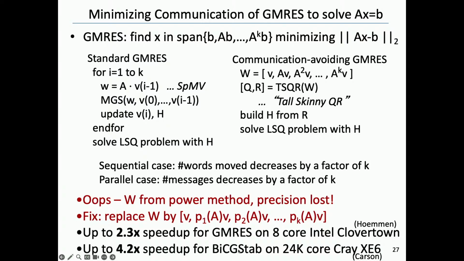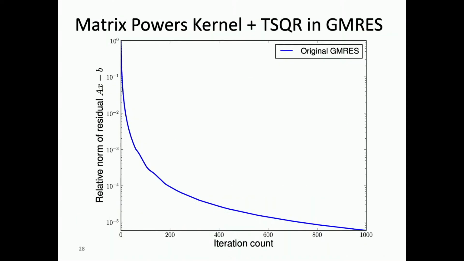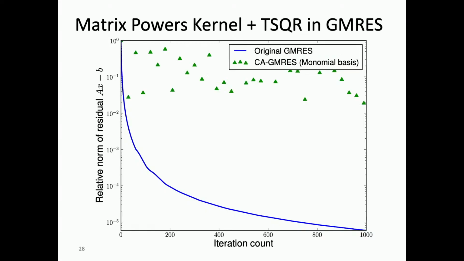So let me just show you what goes wrong if you don't pay attention to numerical stability. Here is a particular convergence plot of classical GMRES. The vertical axis is the norm of the residual on a log scale, against iteration count. So that's the original GMRES. What about the algorithm I just showed you? There's its convergence plot. It doesn't converge at all.